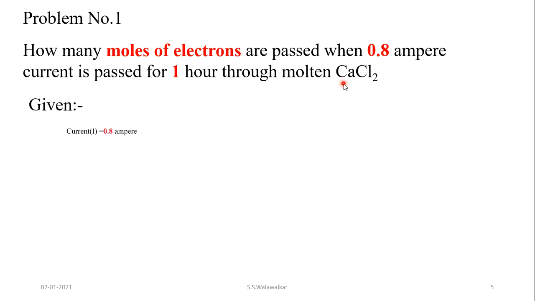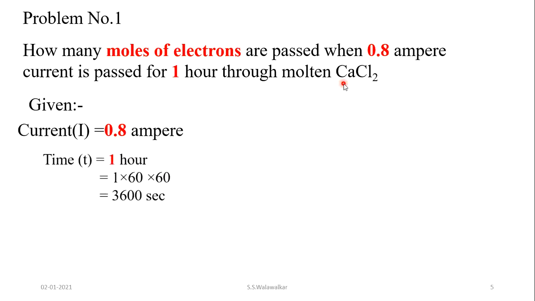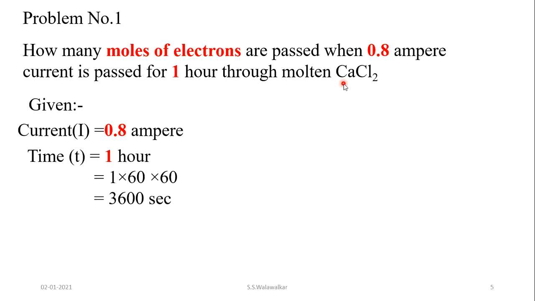Now what is given here? Current is given, that is I is equal to 0.8 ampere. Time is also given, but it is in hours, that is 1 hour. So you have to convert that 1 hour into seconds. So 1 into 60 into 60, 60 minutes into 60 seconds, that is equal to 3600 seconds.